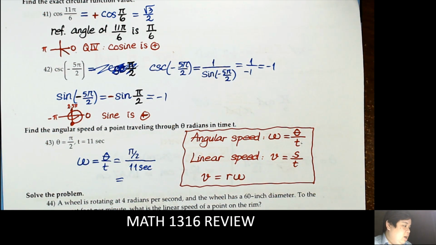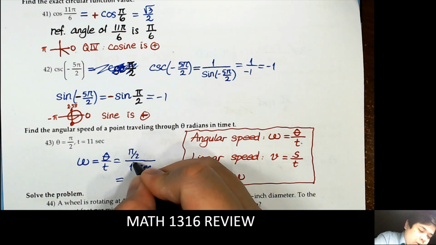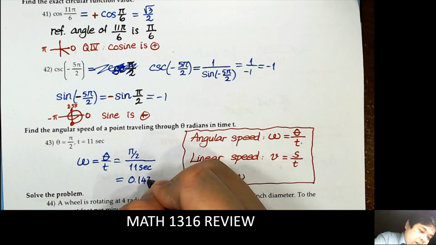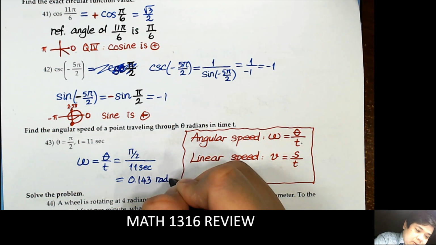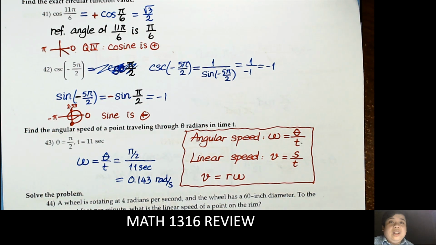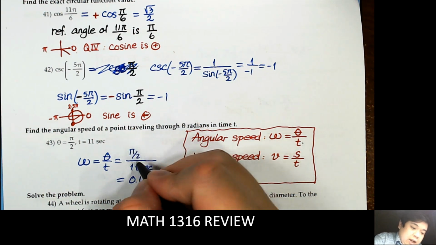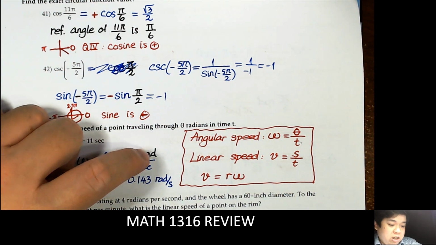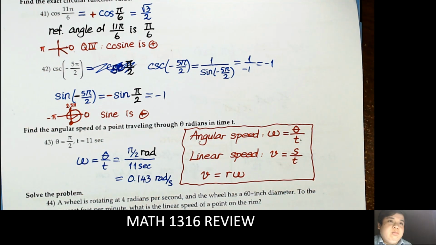So pi over 2 divided by 11, we have about 0.14, or just pi over 22, or 0.143 radian per second. Radian is a nice unit, so we can always put in the radian or take it out when we need to. So let's write the radian. Then we have radian per second.